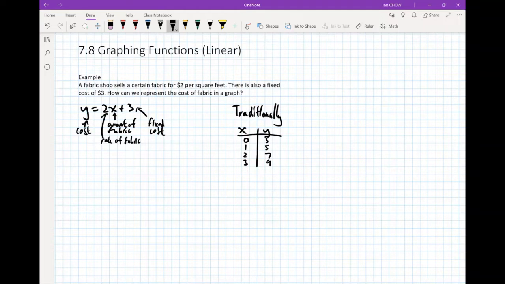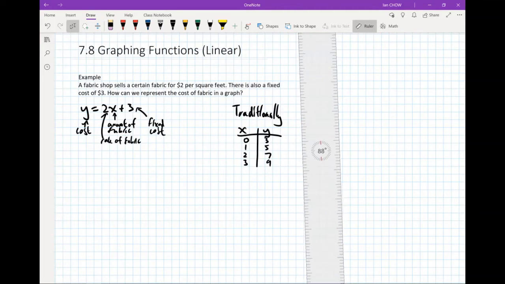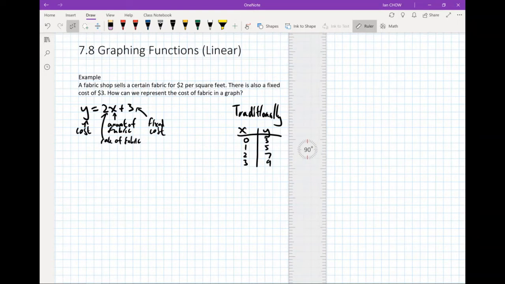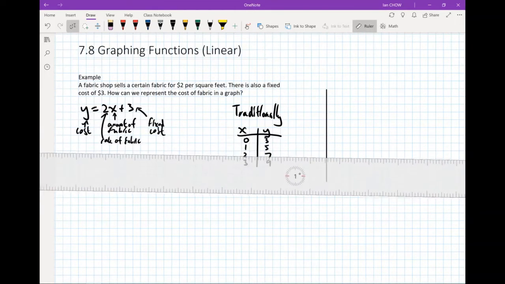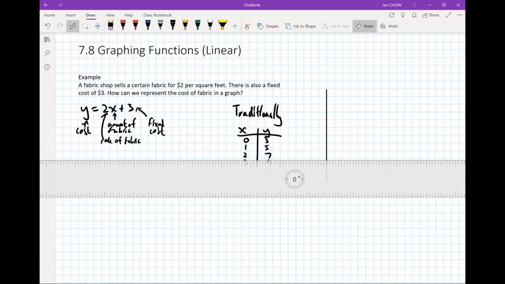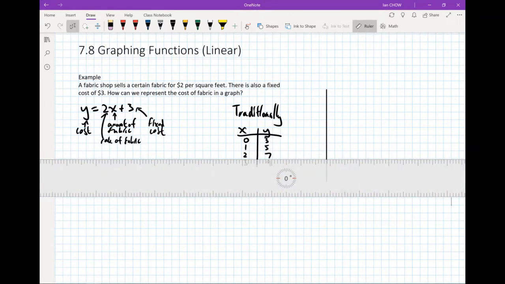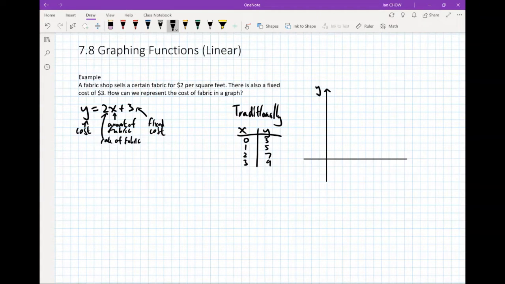Then you would graph your function by drawing a graph like this. Let me see if I can draw this nicely over here. This is y, this is x, and the middle is 0.